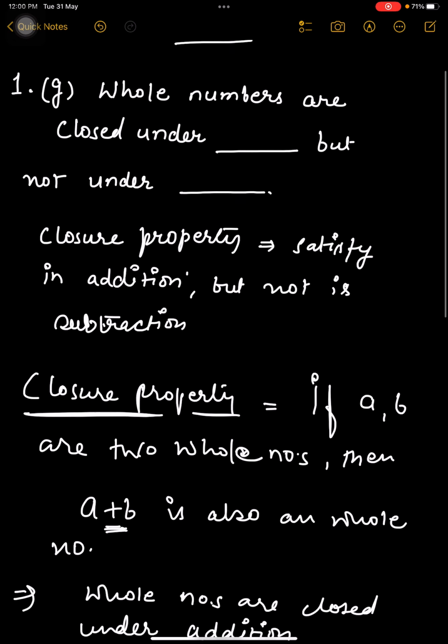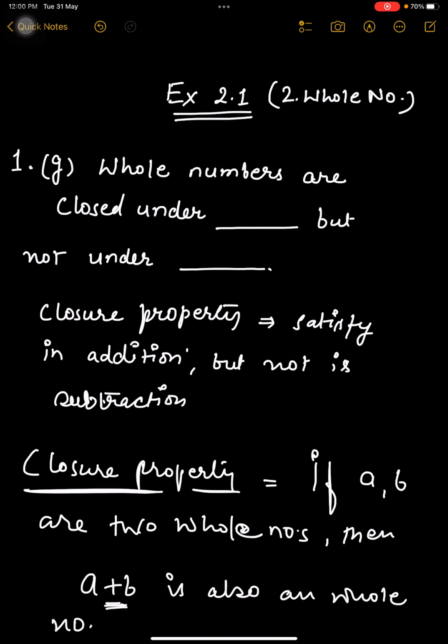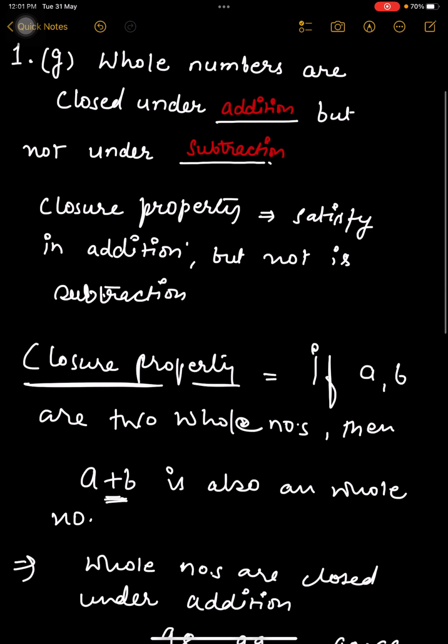So our answer of the fill in the blank is: the whole numbers are closed under addition but not under subtraction, right? This is the answer of question number 1, part G of exercise 2.1.